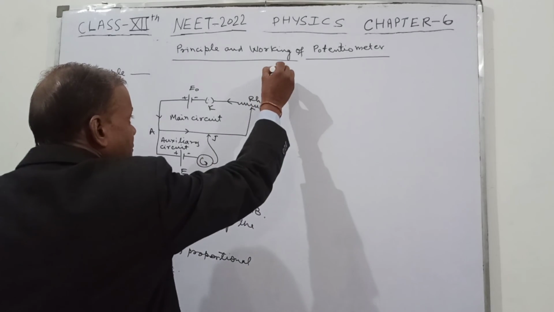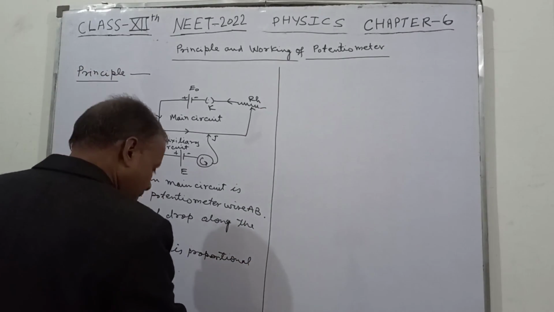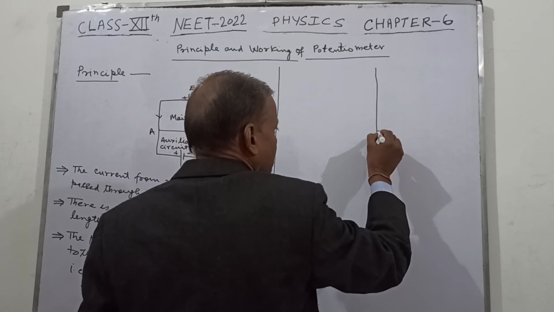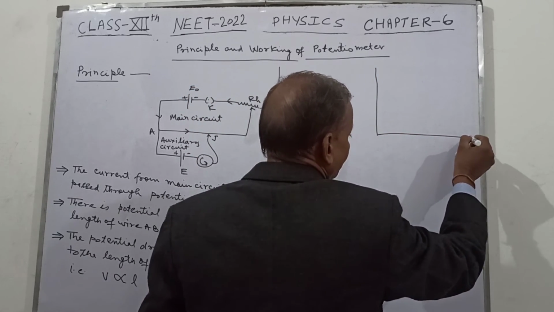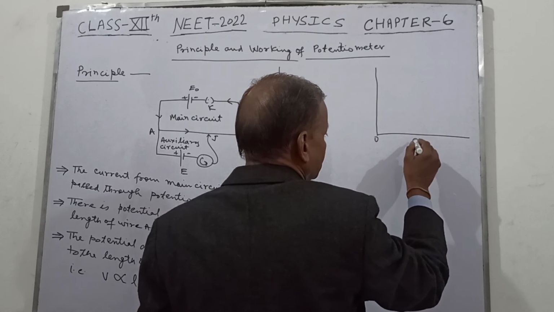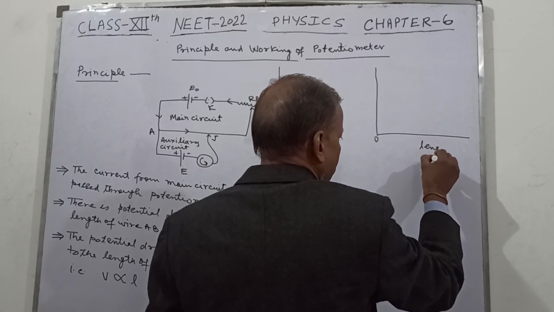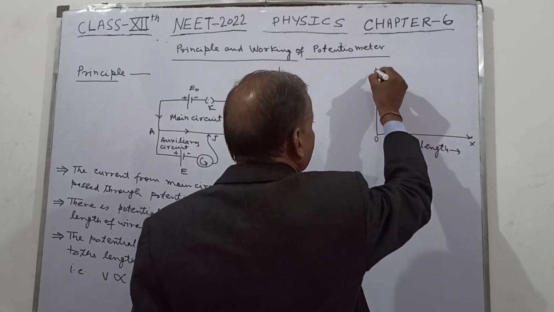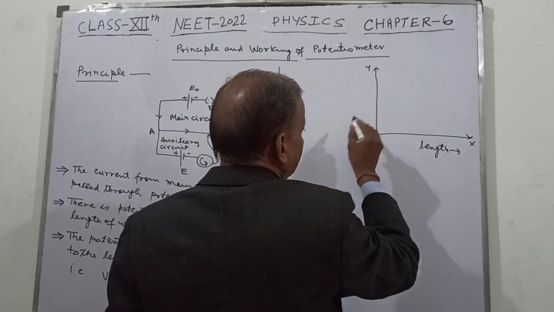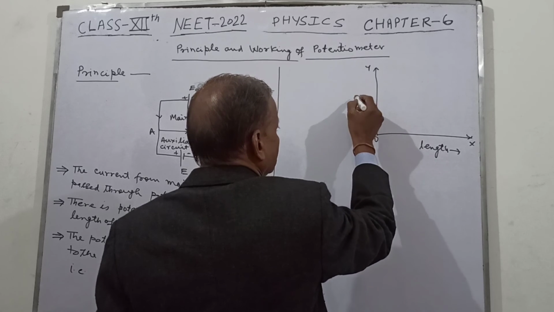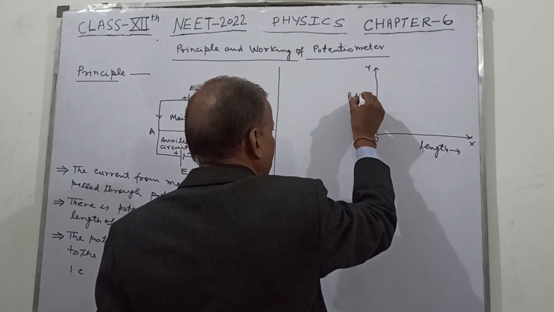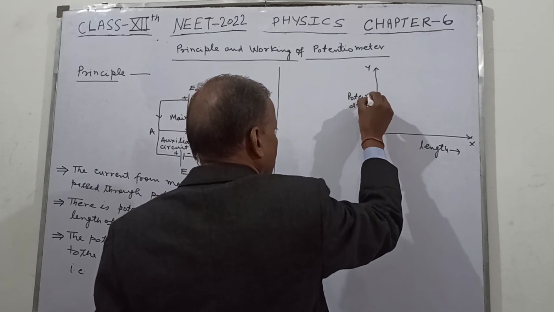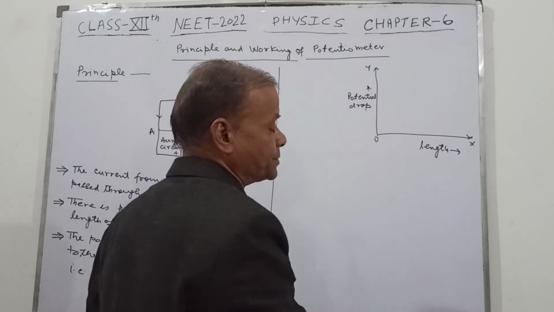So what we have? If we draw a curve, this we take 0, this is now length along this x-axis, and this is now your y-axis. Here we take the potential drop along this y-axis.